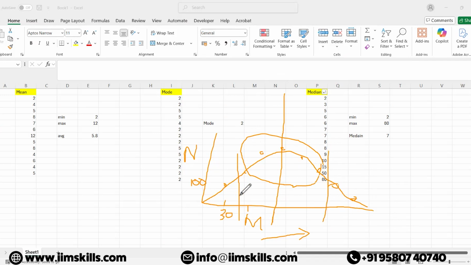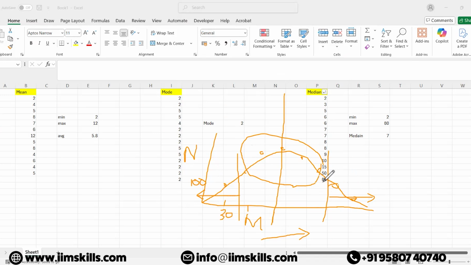Let's say 30, 35, this is the lower end, and this is the upper fence, correct? Very few will score the higher range marks. So we cannot take anything from here. We cannot even consider using the 90 mark in our average.